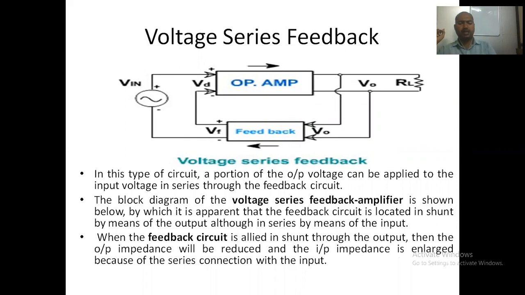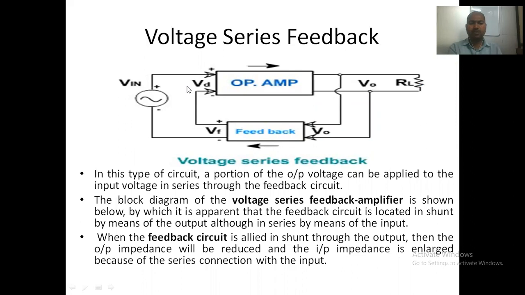When the feedback circuit is aligned in a shunt through the output, then the output impedance will be reduced. When we use the voltage series type of the feedback, whatever the output impedance coming across your output, it should be reduced.